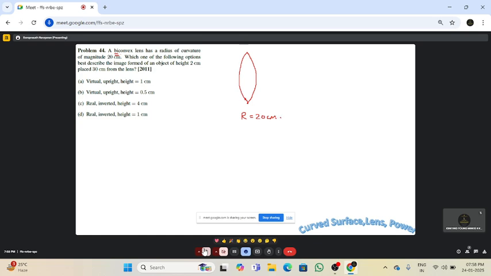Which one of the following options best describes the image formed of an object of height 2 cm placed 30 cm from the lens? So this is 2 cm, 30 cm from the lens.